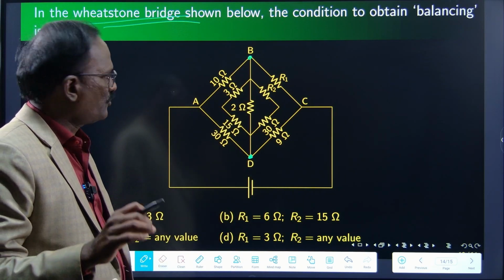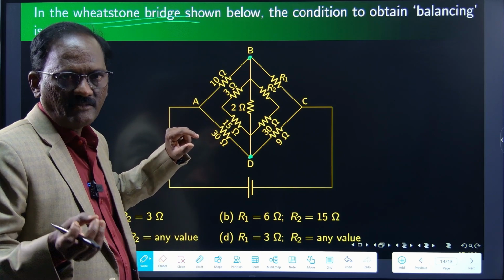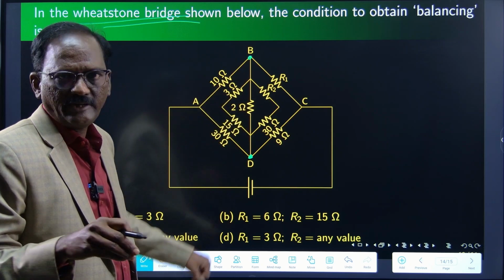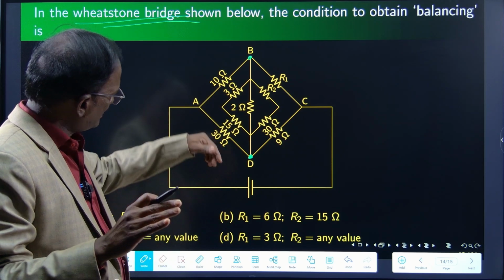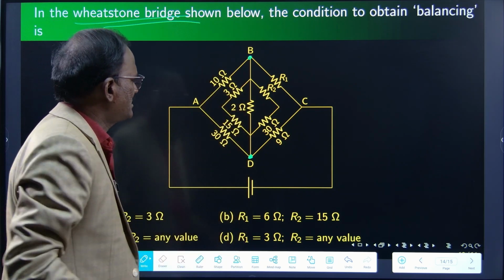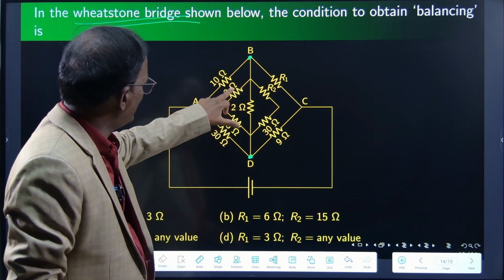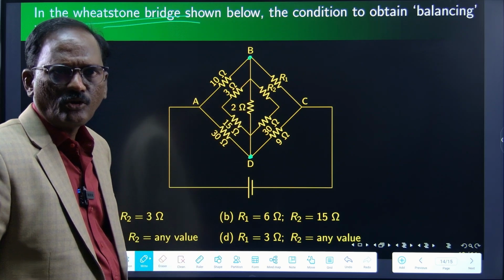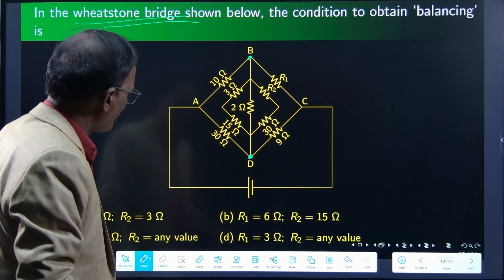Usually we will have one galvanometer there. Otherwise the resistance of the galvanometer will be given, or a specific value other than the galvanometer value will be given. But here, 1, 2, 3, 4 more resistors have been connected, right?